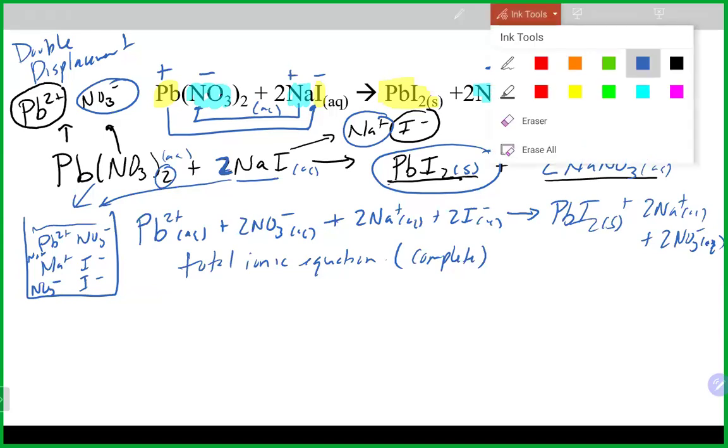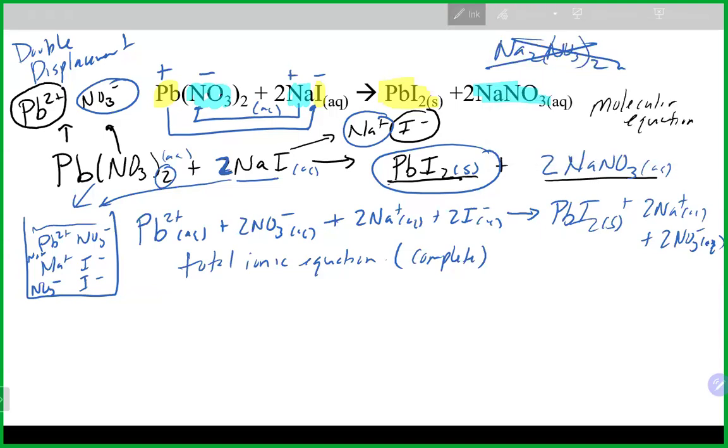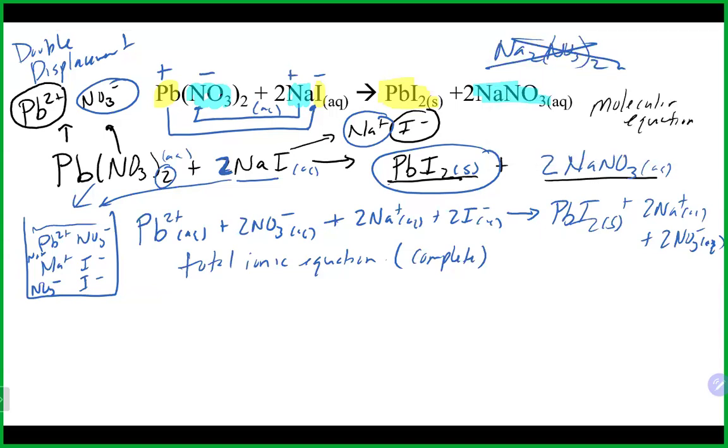Now, when you look at this equation, you should be able to look on both sides of the arrow and find ions that look exactly the same on both sides. If I look over here, I have two nitrates. On the right-hand side, I also have two nitrates. On the left-hand side, I have two sodium ions, and on the right-hand side, I have two sodium ions.